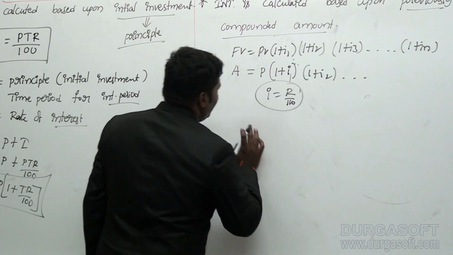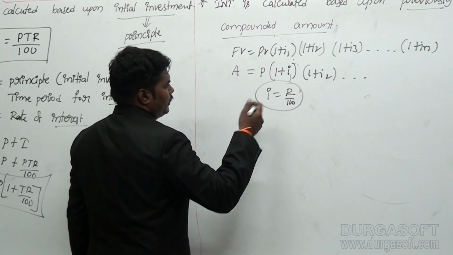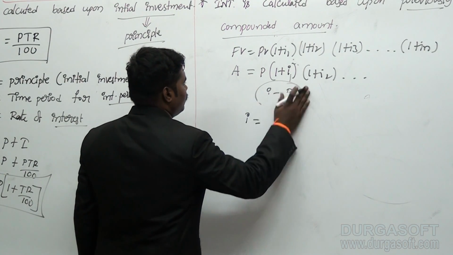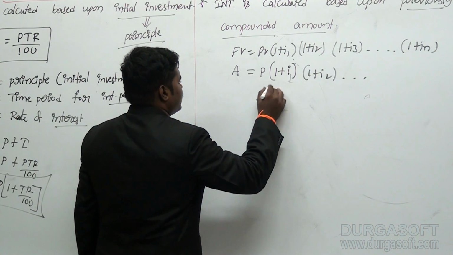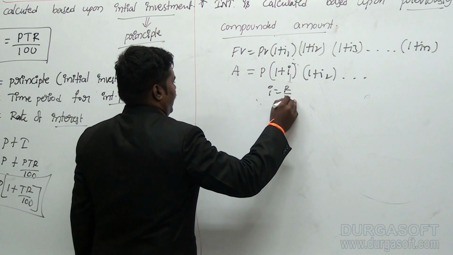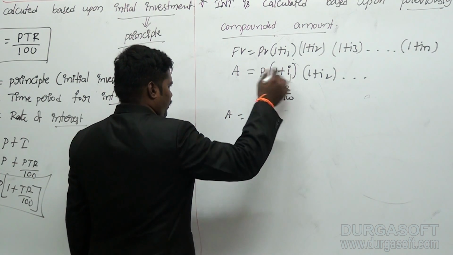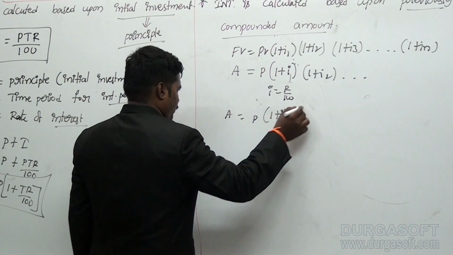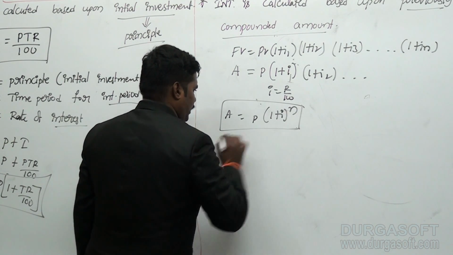Here P means principal, the initial investment, and I is R by 100. If interest rates are the same, A is equal to P times (1 plus I) whole power n, which is the formula for the amount.